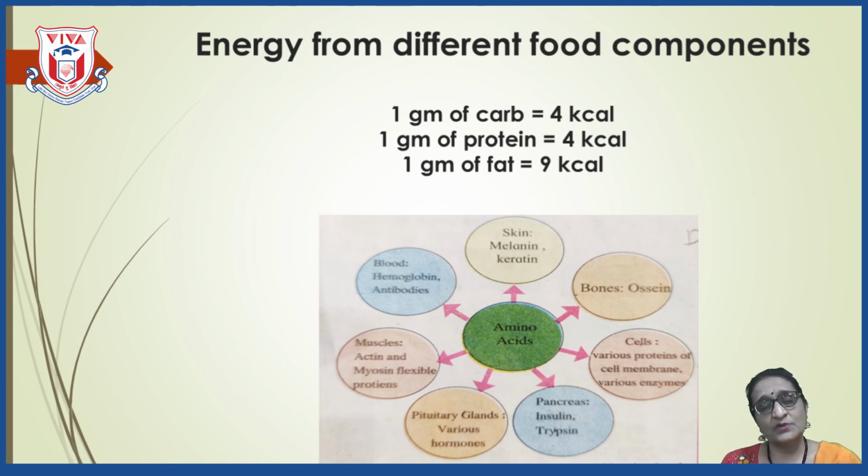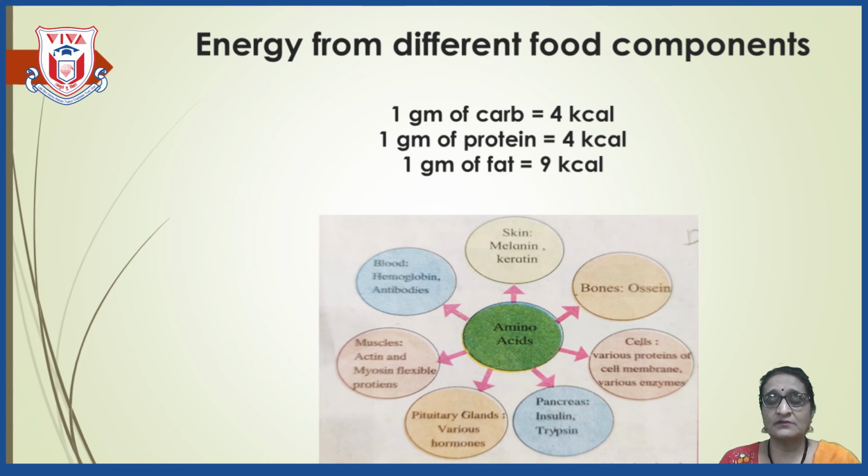These proteins are required to release various hormones in the pituitary gland. As last year you studied, the pituitary gland is the master of all the endocrine glands, which releases nearly 7 to 8 hormones in our body. Then here you will see that these amino acids are very important to form the muscles, flexible proteins in the muscles.